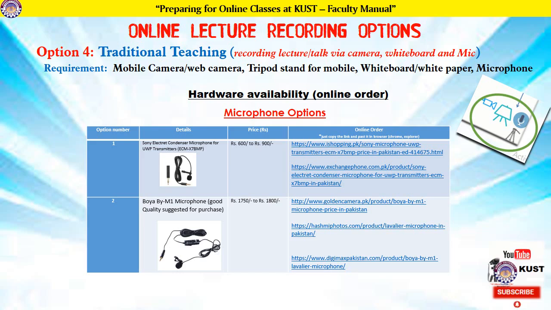I will suggest you use the Boya BY-M1 microphone. It's of good quality, and I have already used it, so I recommend this option number 2 for voice recording. The product is already in stock, so you can just order online from that website.